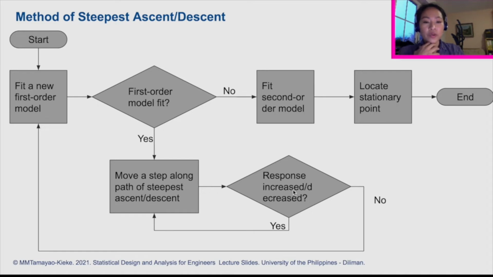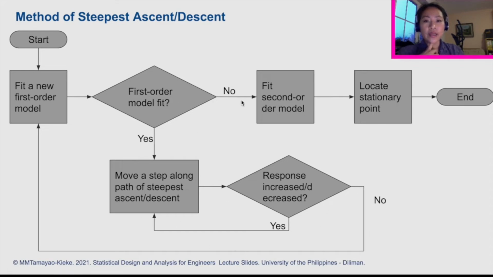Once we observe that there's no longer an increase or decrease, then we have to proceed to finding a new first order model. Now, if a first order model is still adequate, then we go through the same procedure.